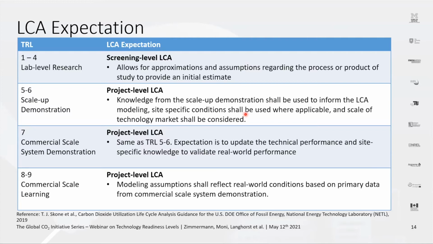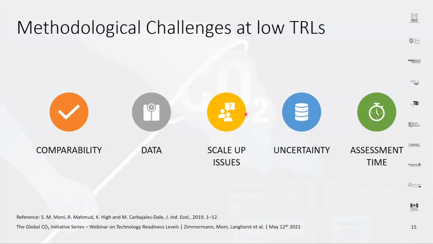Now, in this work, we mainly focus on the low TRL scale, that is TRL 1 to 5, and what are the methodological challenges to perform TEA and LCA at these low TRL levels. There are different challenges, and some of them are similar to traditional LCA and TEA. However, for emerging technologies at low TRL, there is very limited data available, and some of the challenges are very extreme.